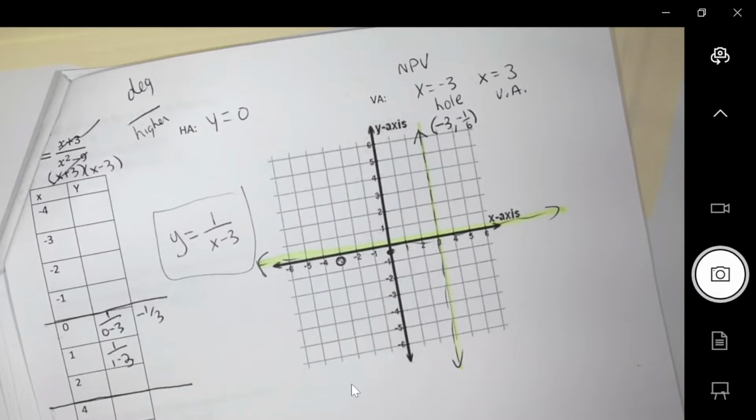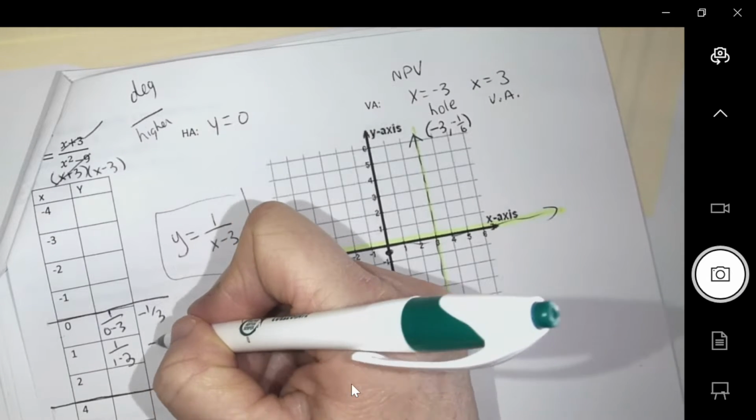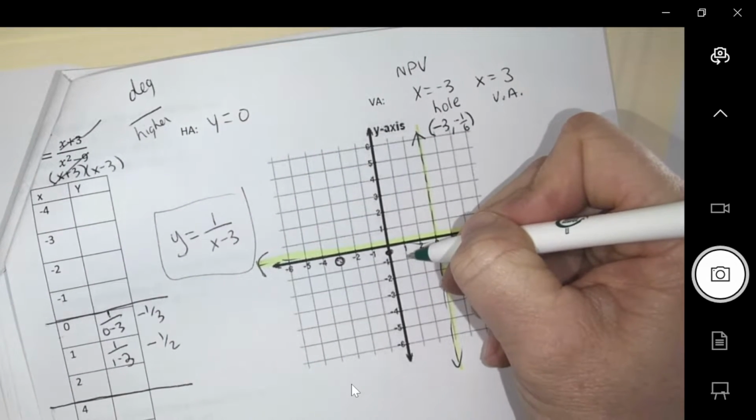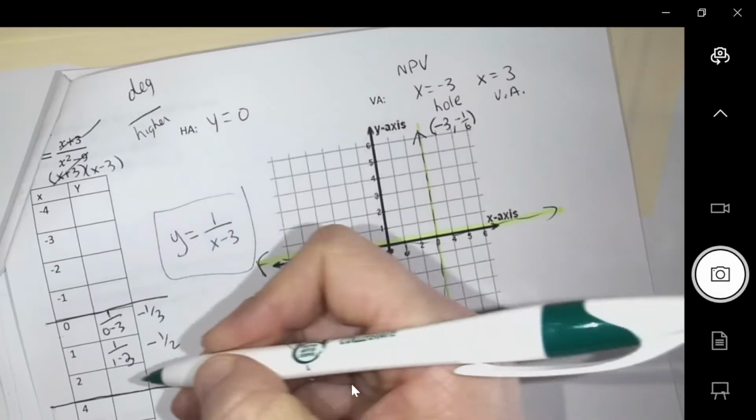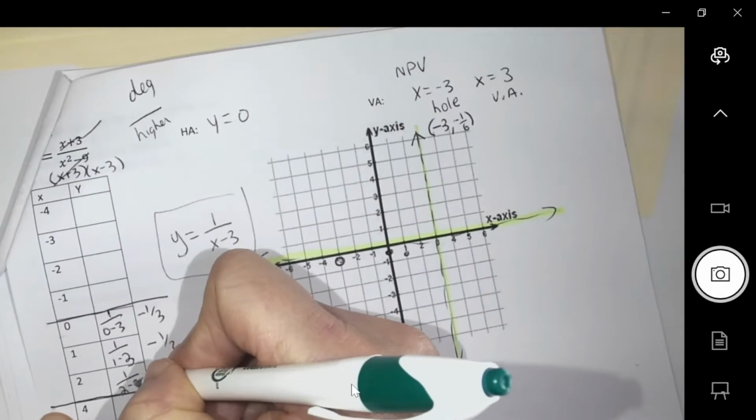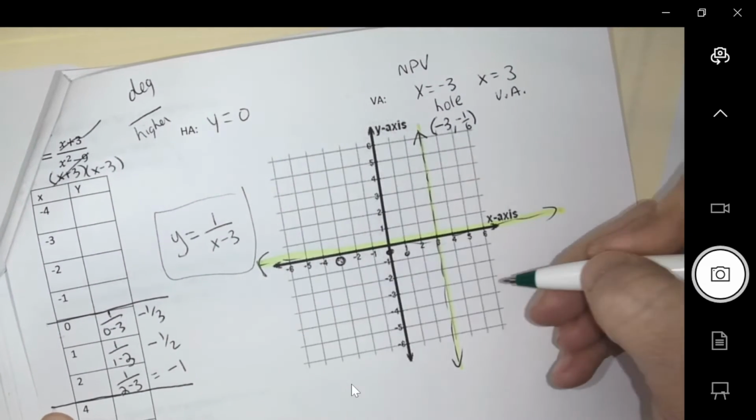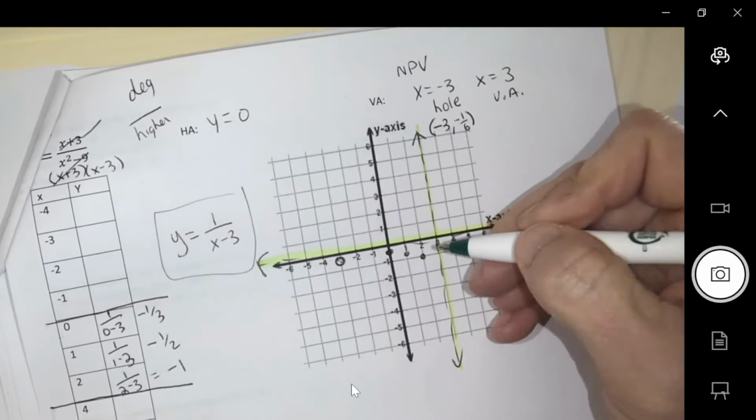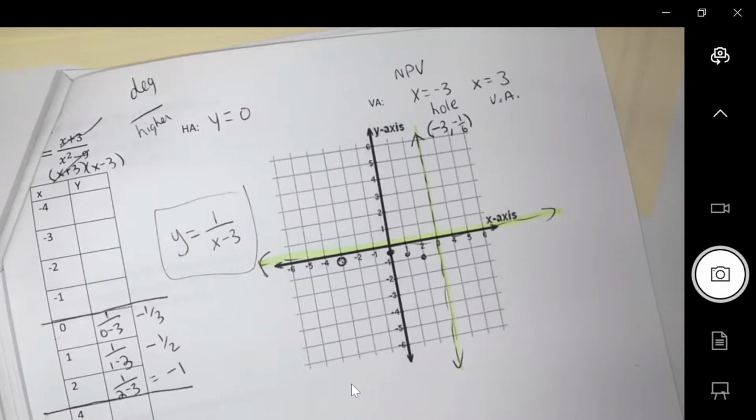When I plug in a 1, it makes a negative 1/2. When I plugged in 2, it makes a negative 1.